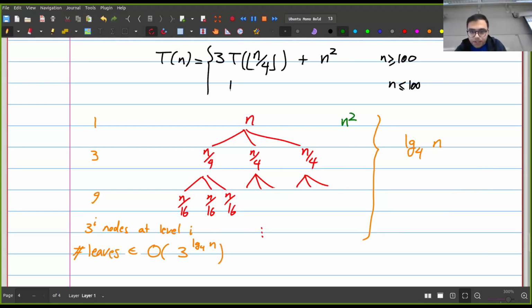So I'm going to say that the cost here is just n squared, right? Let me write the cost in green. So the cost at each of these nodes is going to be n squared over 16, right? But how many nodes do I have? I have 3. So I will have 3 n squared over 16 as the total cost of this level. What is the total cost of the next level?